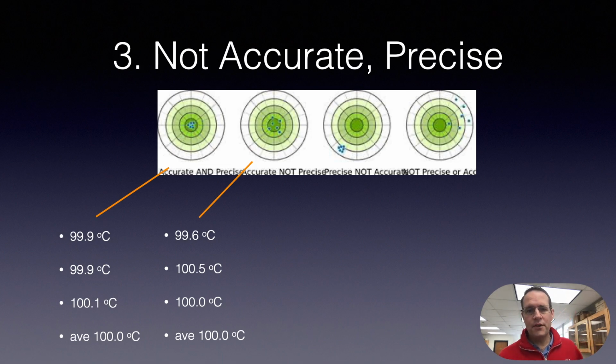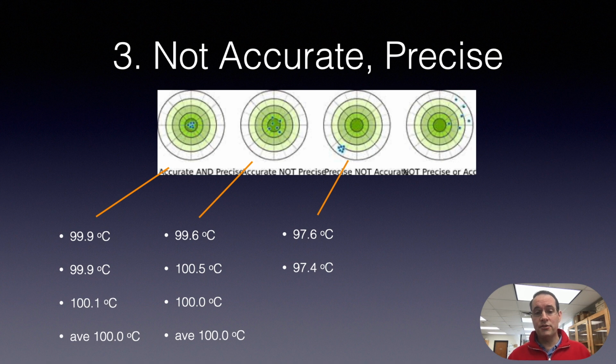Now let's look at a third situation where it's not accurate, but it actually is precise. For some reason, the instrument is malfunctioning, or perhaps there's something wrong with the water, okay? So anyways, let's take a look. Maybe you measure 3 different temperatures, and they're all pretty precise.